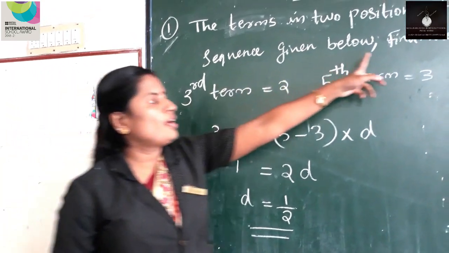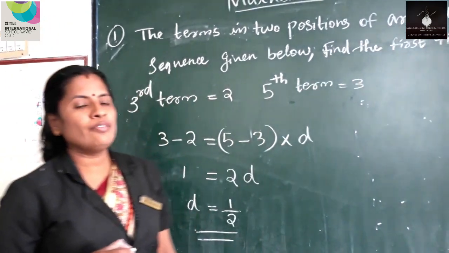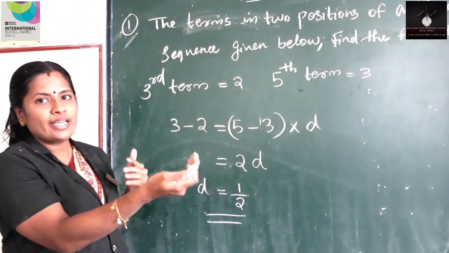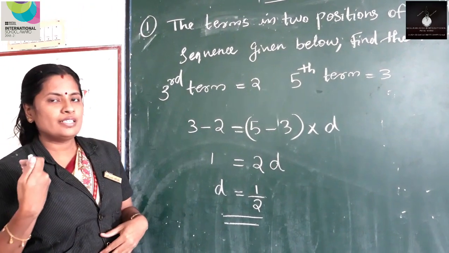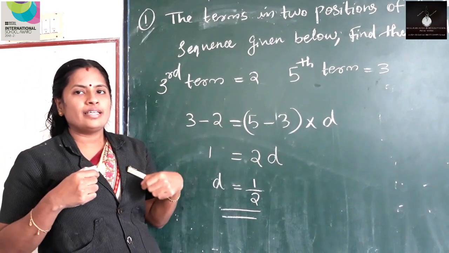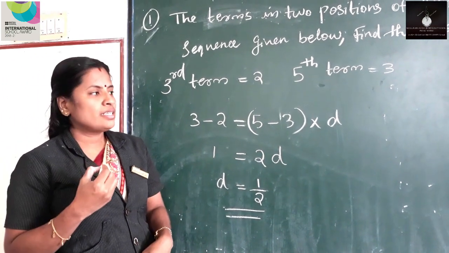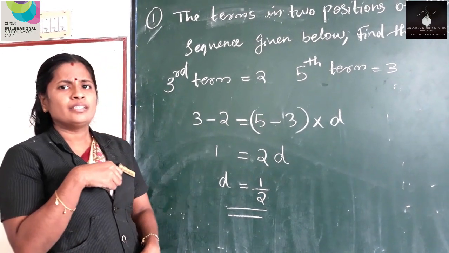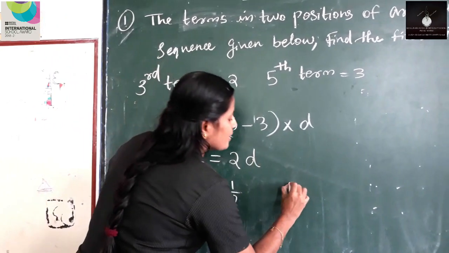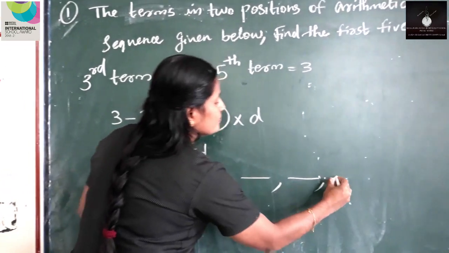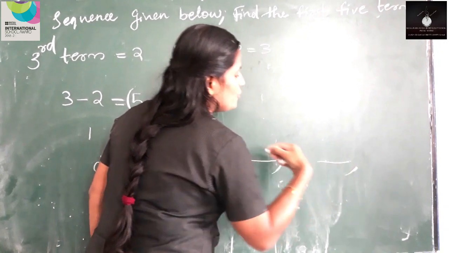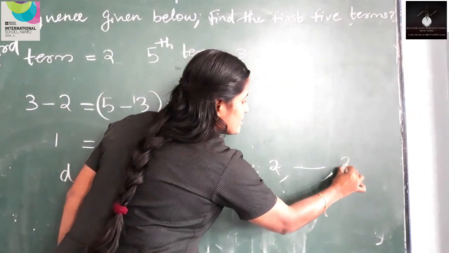Next we have to find out the first 5 terms. Third term is 2. So we have to get the second term and first term. For getting the second term, we should subtract the common difference from the third term. Third term is 2, fourth term we have to find out, and fifth term is 3.